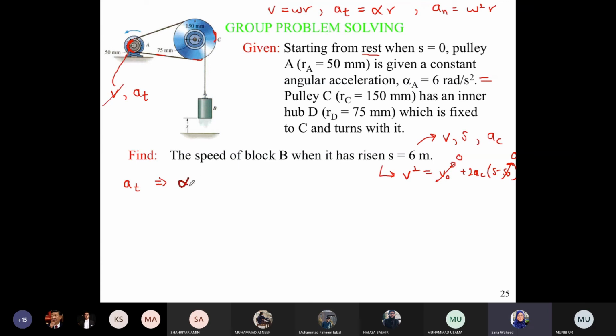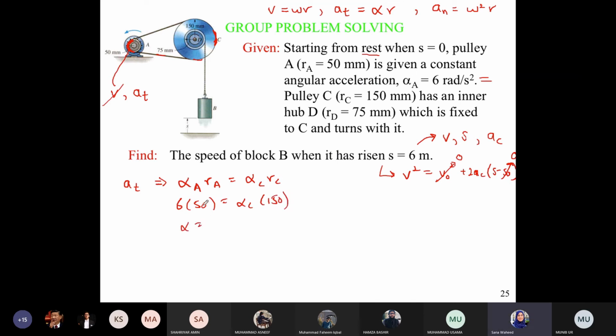So here we'll have alpha of the motor, which is A, alpha A times R A, equal to alpha C times R C. Note that this is the radius because the cable is in contact with the outer ends of the motor pulley and the wheel C. Substituting in, 6 times 50 is 150.